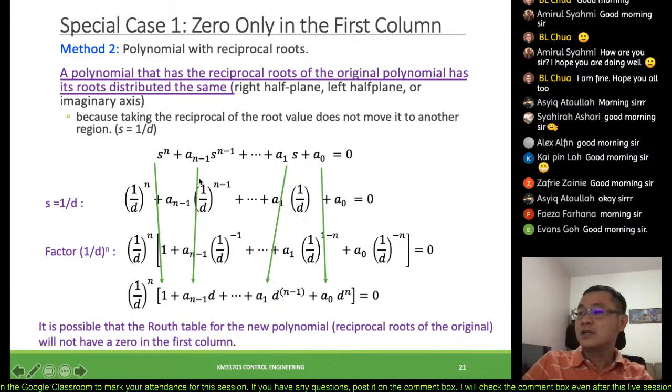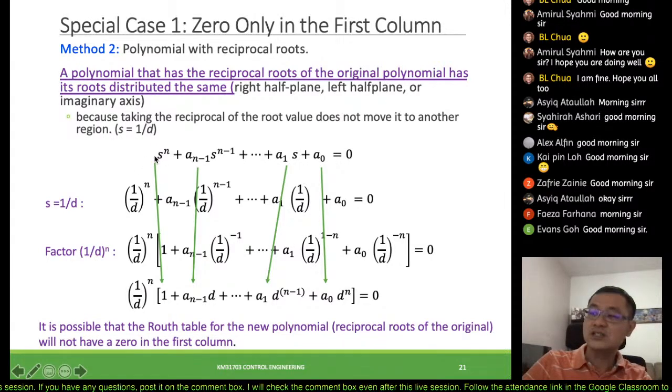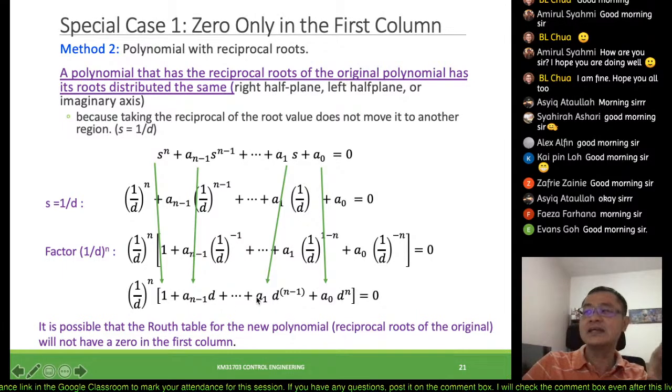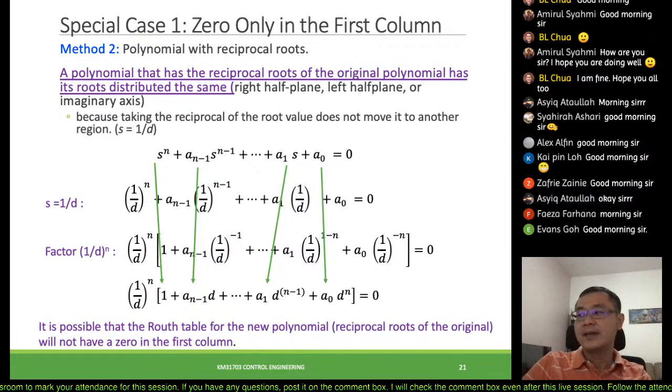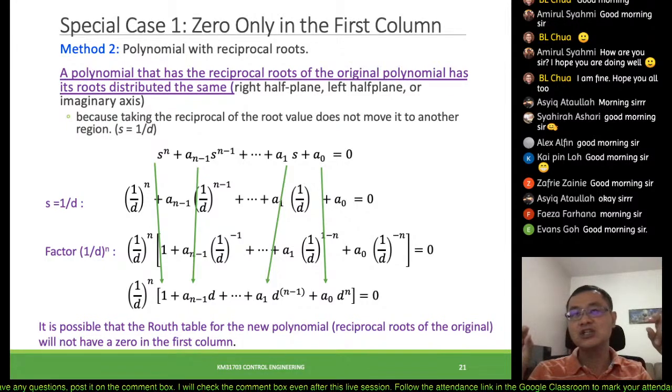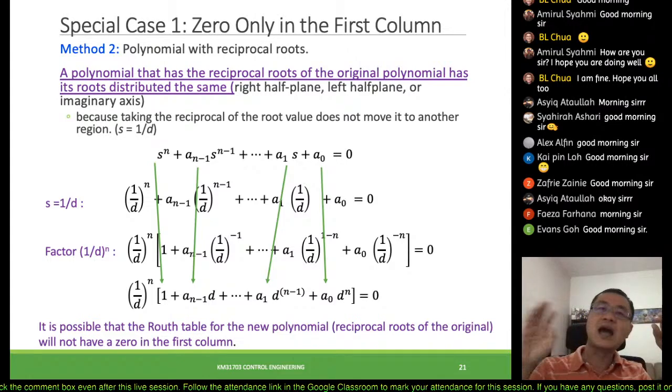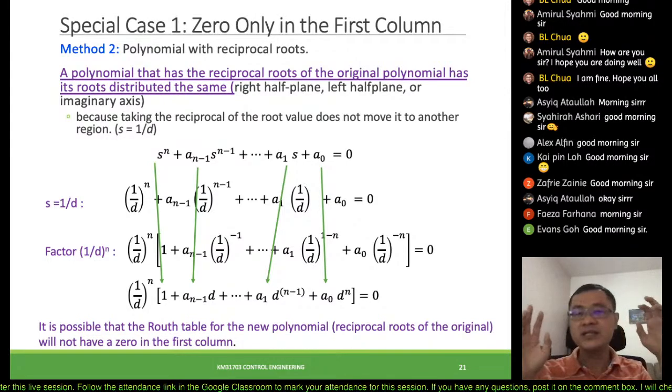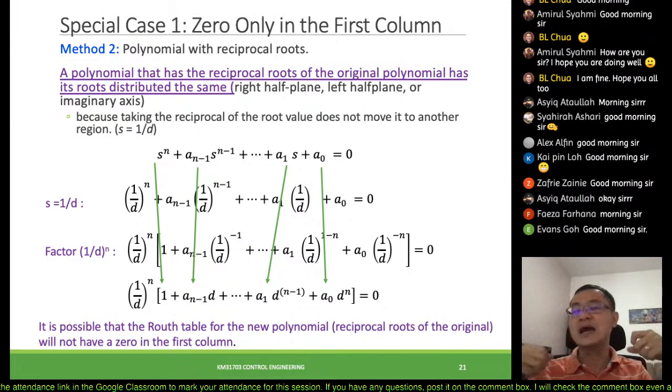And again we can see that the coefficients after we take the reciprocal remain the same, 1, a_{n-1} and so on. So even though we take the reciprocal roots now, the coefficients don't change. And if the coefficients of the polynomial don't change, meaning the number of poles on the right half, left half, and the imaginary axis will remain the same, which is our intention to know.